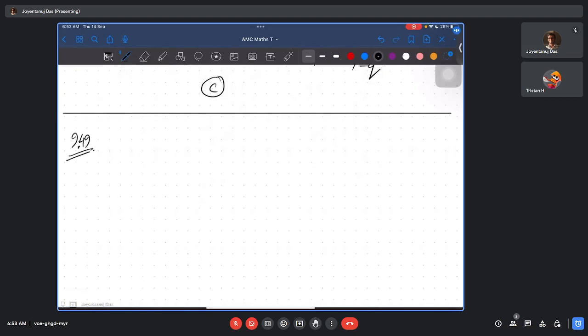So next one is 9.49. 63 power 45 or 33 power 54. So which one is larger?